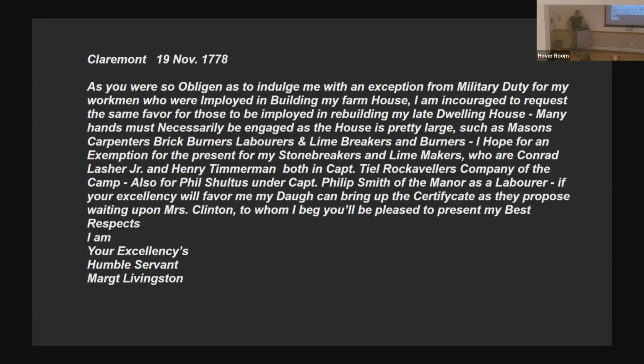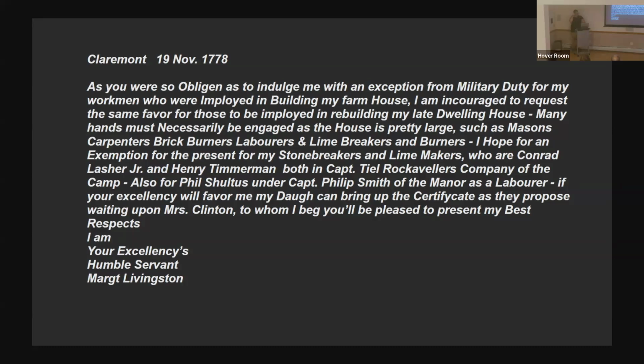Those gentlemen were Conrad Lasher Jr. and Henry Timmerman or Zimmerman, written both ways in records from this era. They're both from the 10th Company, T.O. Rockefeller Jr.'s company, and also Philip Schultes, who's under Captain Philip Smith in one of the manor regiments, or manor companies, I should say.